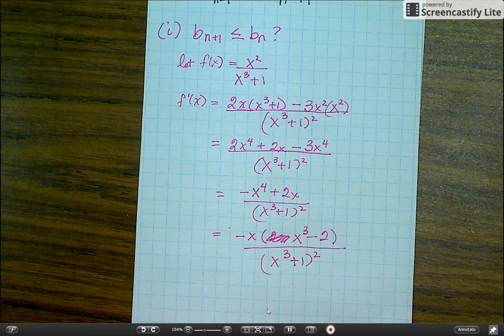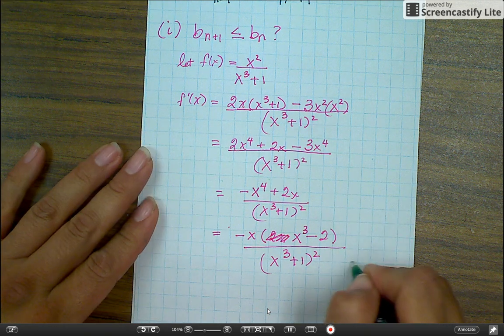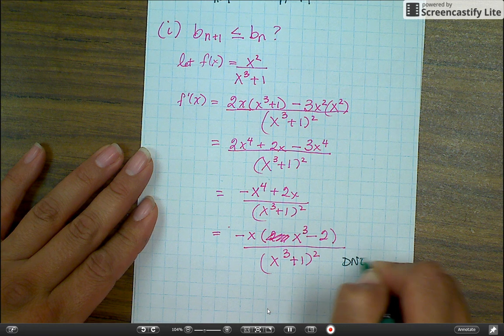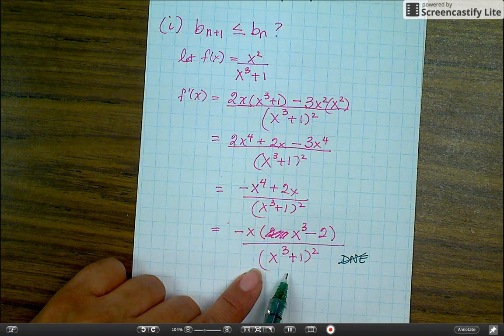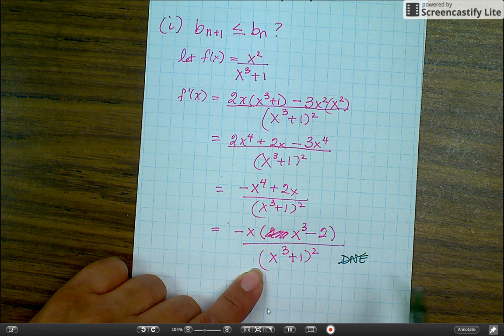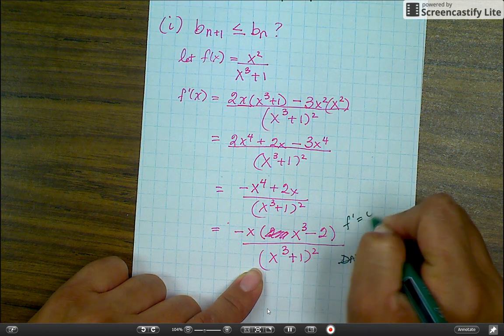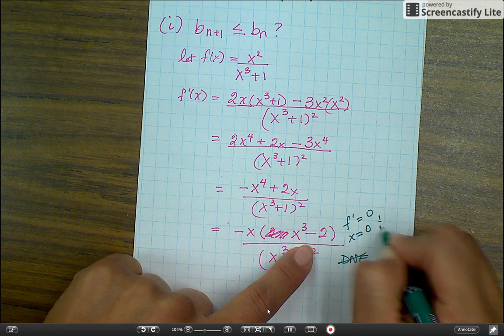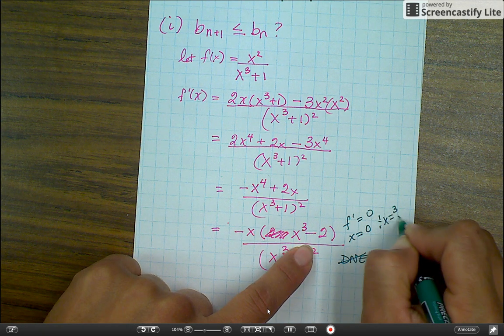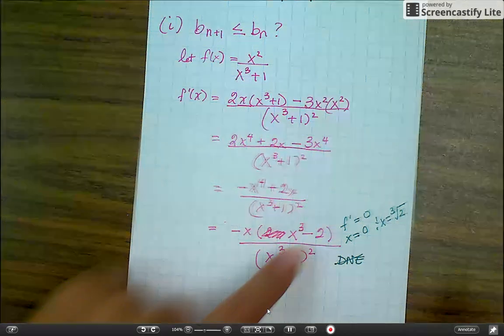So now, when is it going to be does not exist? It's not in this situation because this is always going to be positive because it's squared, right? When is f prime going to equal 0? When x is equal to 0 and x equal to cube root of 2.